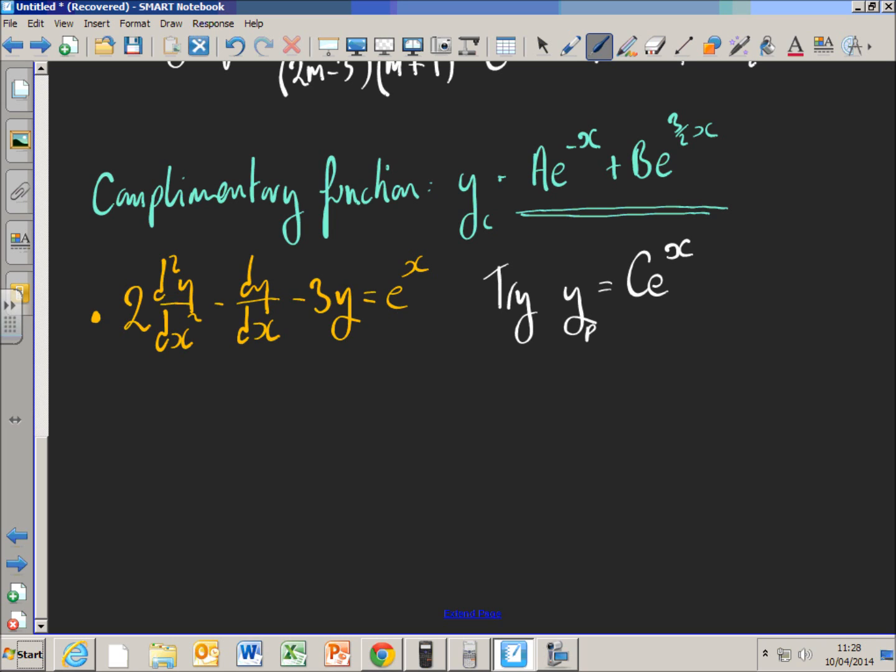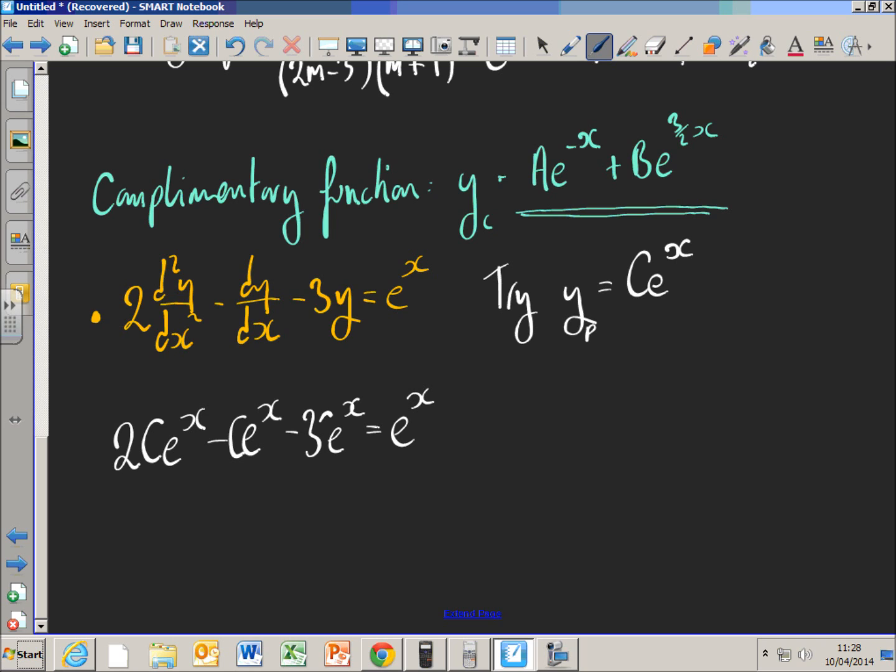So what we're going to do is write this thing out again, but where we've got d2y/dx squared, I'm going to write d2y_p/dx squared. So the second differentiation of this. What's it going to be? Yeah, just turns out to be the same. And this one here, just the same, and this one here, just the same, equals e to the x. Drop my c's.